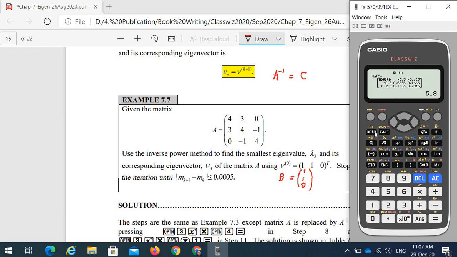I keep it in matrix C because I want to use vector V as B. So now options, define matrix B, 3 rows, 1 column.